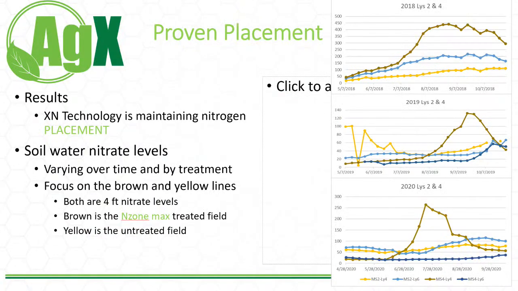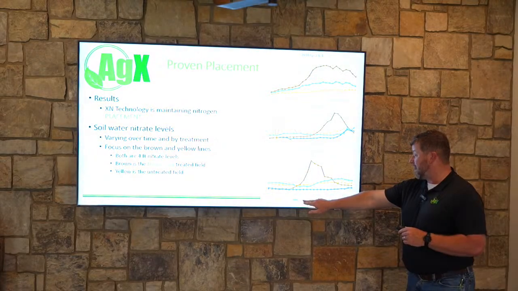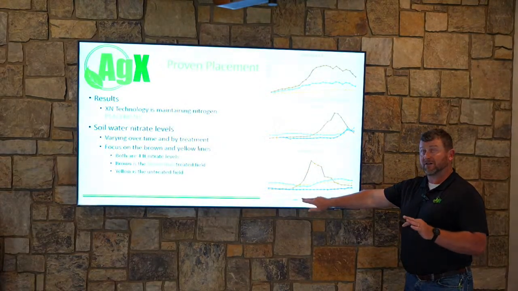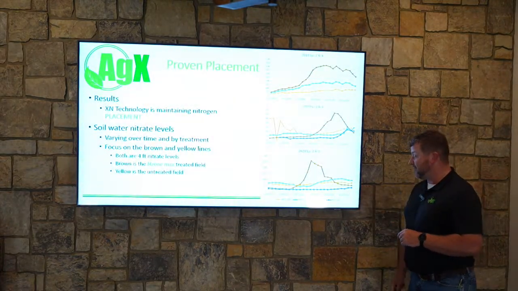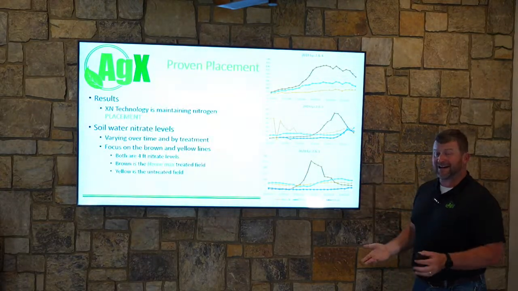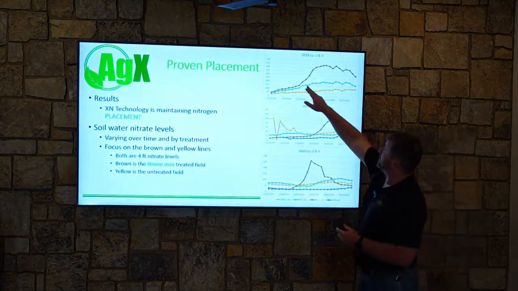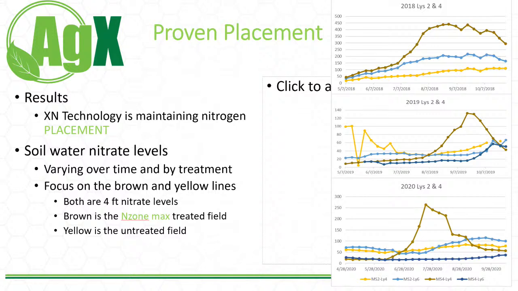Then we have this light yellow and this light blue line. The light yellow and the light blue line were the monitoring wells on monitoring site 2, which was the untreated field, the field that did not have N-Zone Max applied to it. But we're really going to focus on our brown and our yellow, brown being N-Zone Max treated, yellow being the untreated field.